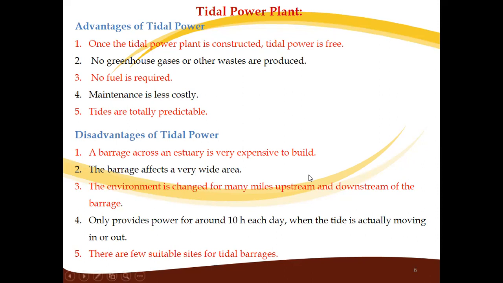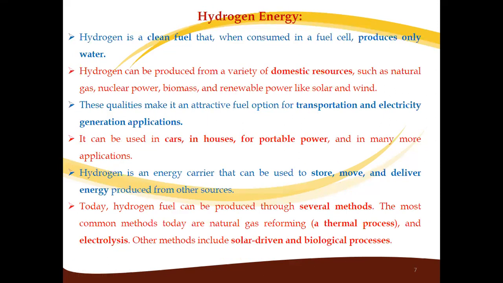Now we have the next part, that is hydrogen energy. So hydrogen is a clean fuel that, when consumed in a fuel cell, produces only water. So if you use a hydrogen fuel cell, when hydrogen is consumed, we produce only water.